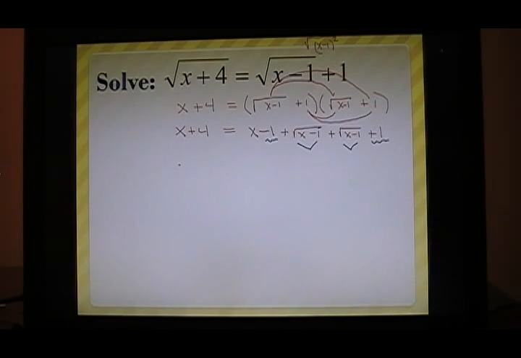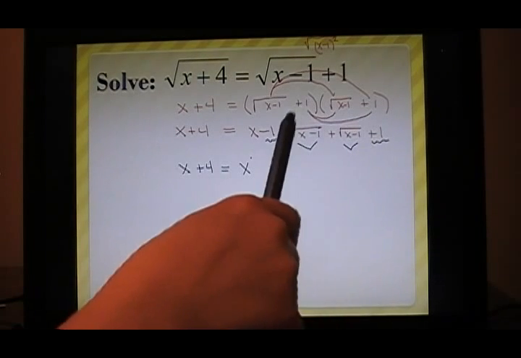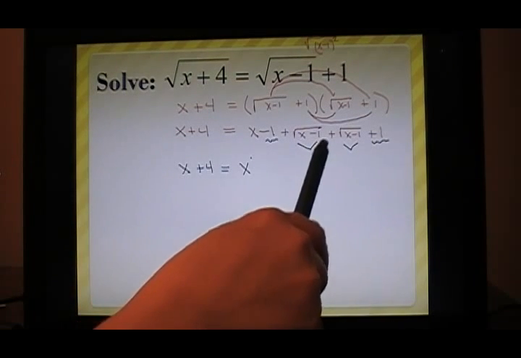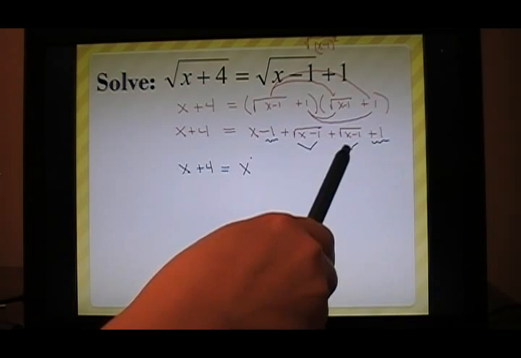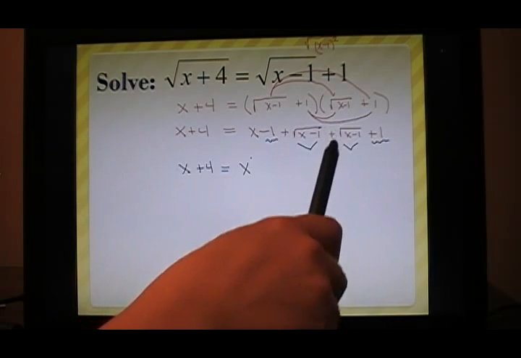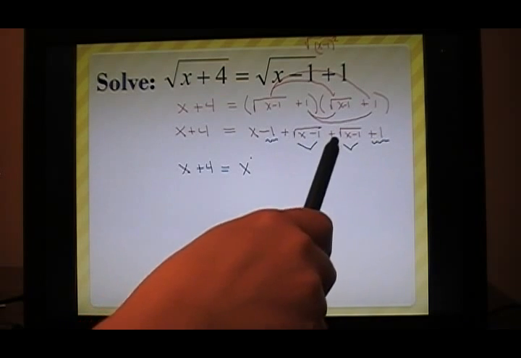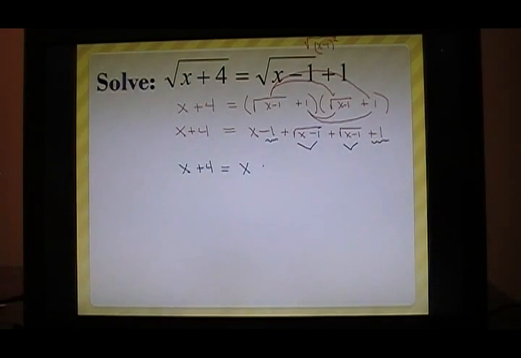So we have x plus 4 equals, leaving my x, negative 1 plus 1 is 0, and 1 root x minus 1 plus 1 root x minus 1. When you are adding like terms, remember you add the coefficients and you leave the radical part the same. So 1 plus 1 is 2. So we've got plus 2 root x minus 1.